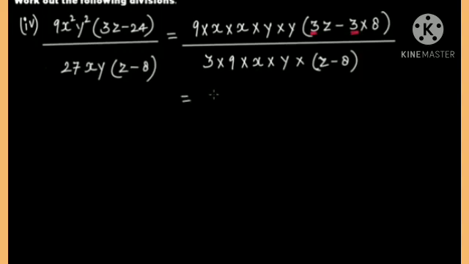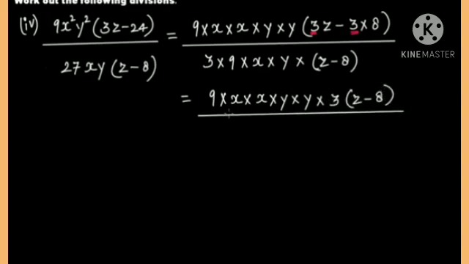So this becomes 9 multiplied by x multiplied by x multiplied by y multiplied by y multiplied by 3 z minus 8, and then you have 3 multiplied by 9 multiplied by x multiplied by y multiplied by z minus 8.